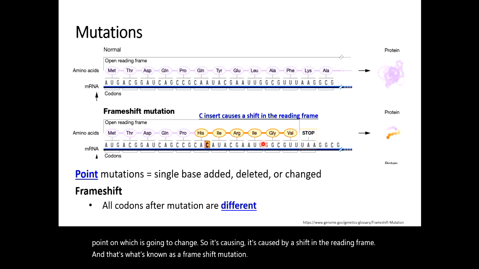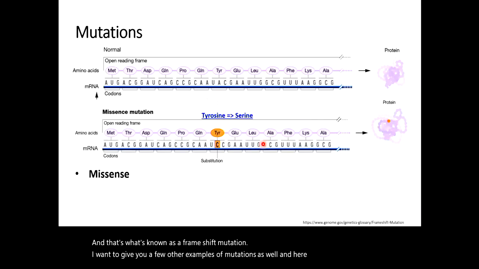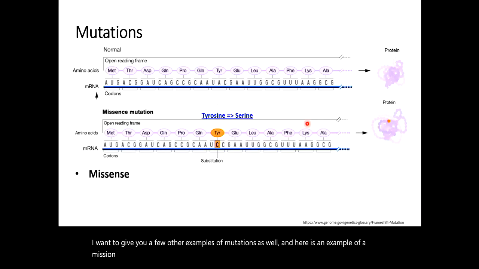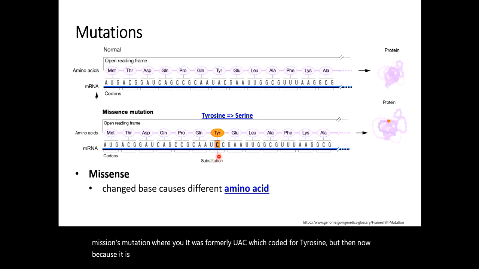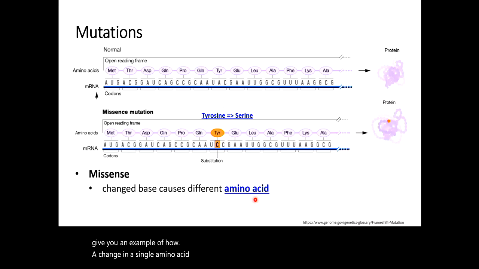Now I want to give you a few other examples of mutations as well. Here is an example of a missense mutation where it was formerly UAC, which coded for tyrosine, but now because it is UCC, it is coding for serine, right? These names may not mean much to you, but I want to give you an example of how a change in a single amino acid can have fatal consequences.